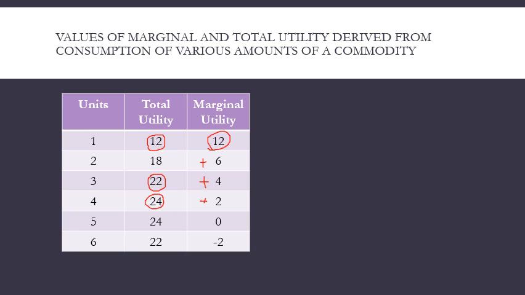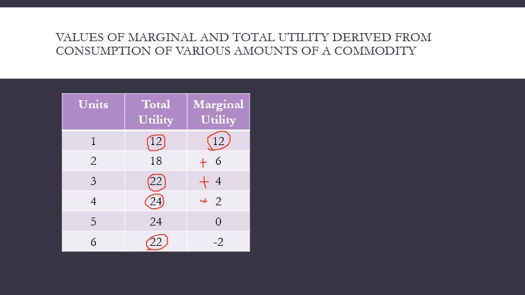That means your additional utility will be zero. And still I'm not stopping feeding you the laddu. Again I'm giving the sixth laddu, and definitely you will be dissatisfied. So the marginal utility goes negative and the total utility becomes 22.